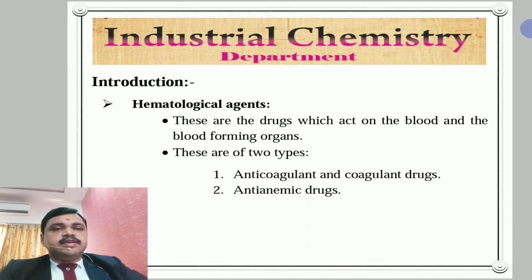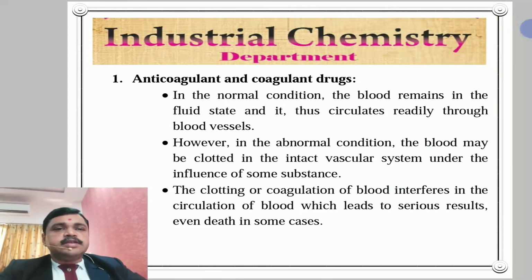Drugs which are used for blood and blood forming organs are known as hematological agents, and they are of two types. Number one, anticoagulant and coagulant drugs, and number two, anti-anemic drugs. According to our syllabus, we will study only anticoagulant and coagulant drugs.